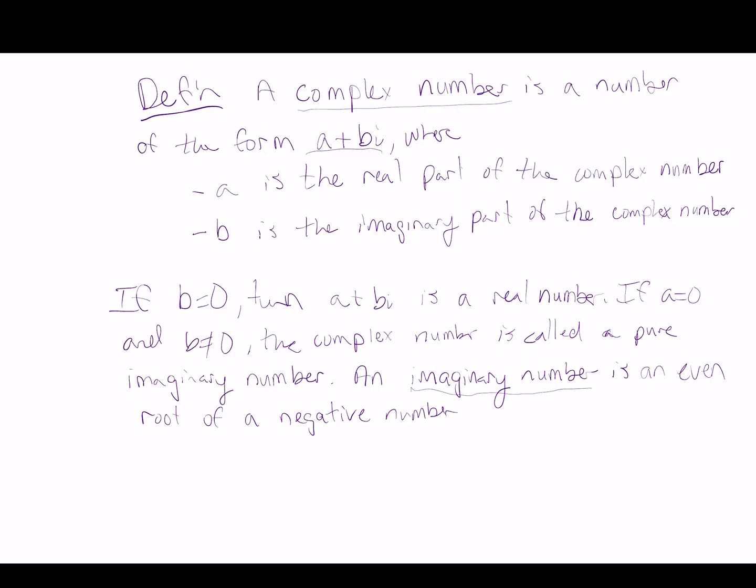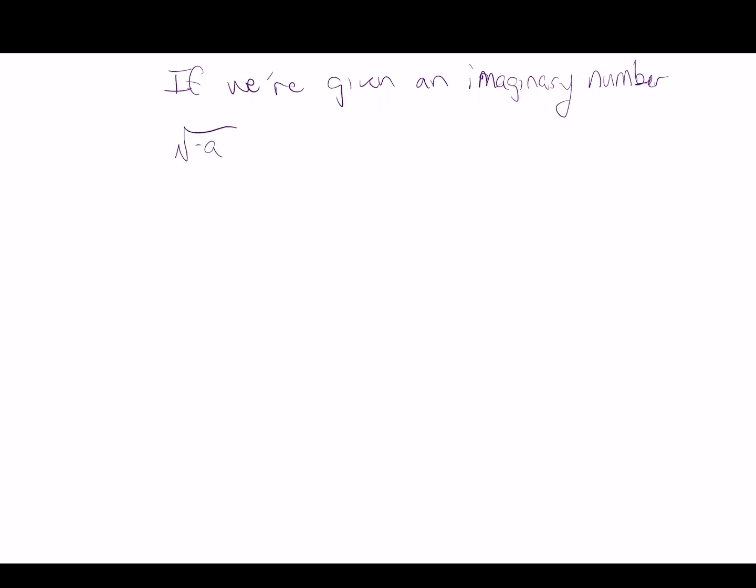So let's discuss what happens when we're given an imaginary number, how we're able to express that in the standard form of a complex number. If we're given an imaginary number, that's something that looks like the square root of negative a, where a is greater than 0.